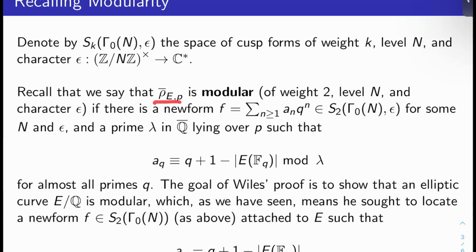Recall that rho bar E,p is what we call modular, of weight 2, level N, and character epsilon, but I won't say that from here on out, if there's a newform f with Fourier coefficients a_n in S_2(Gamma_0(N), epsilon), for some N and epsilon, and a prime lambda in Q bar lying over p, such that a_q, the qth Fourier coefficient of f, is equivalent to q plus 1 minus the number of F_q points on E mod lambda. In other words, a_q is essentially the same thing as a_q of E, for almost all primes q.